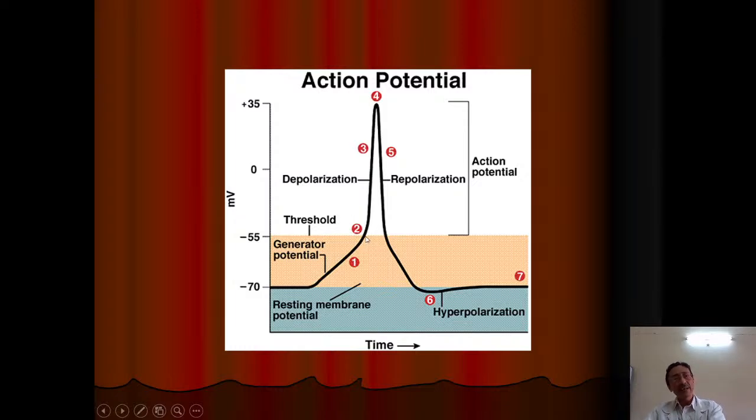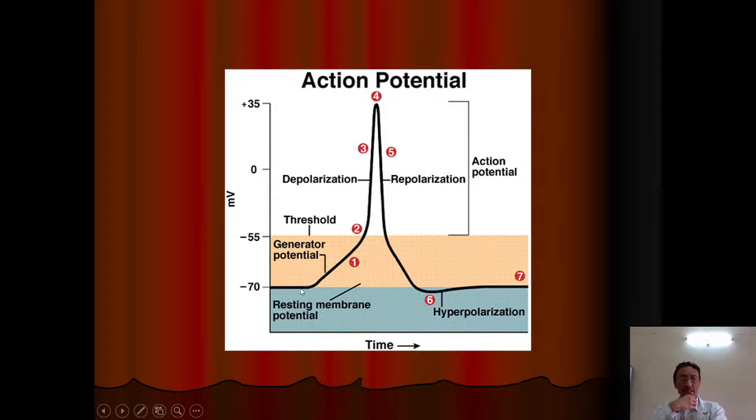If you look at the diagram, on the x-axis you have the time factor, and on the other axis you have the potential. From this point to this point, it is around 10 to 20 milliseconds.